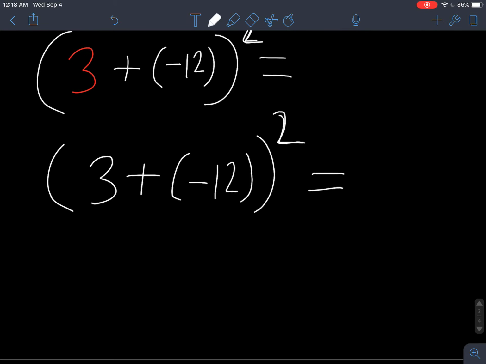So now you can kind of get rid of the parentheses.